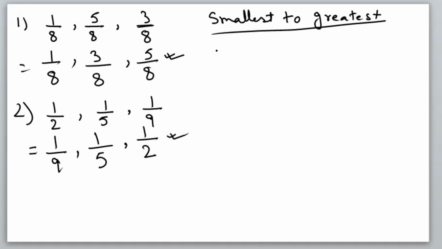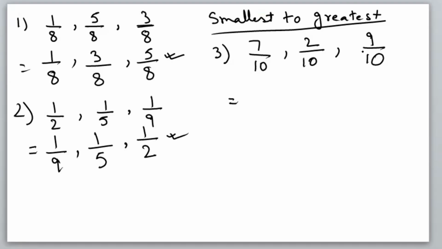Now take question number 3. 7 over 10, 2 over 10, 9 over 10. Here the denominators are the same, so we have to look at the numerators. Which one is the biggest? 9.